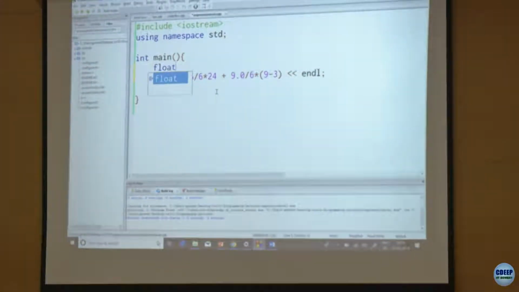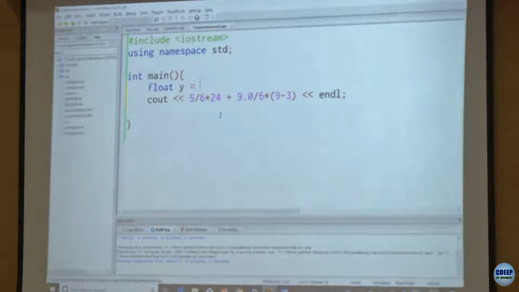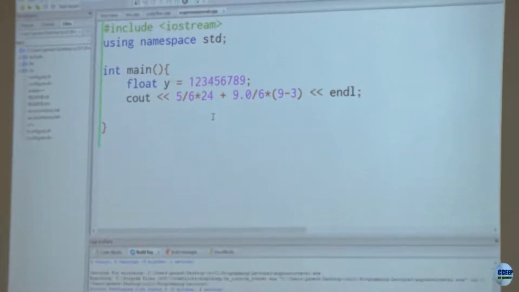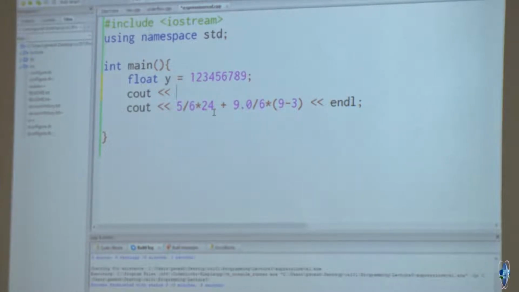Float y equals 1, 2, 3, 4, 5, 6, 7, 8, 9. Oh, but if I print, you will see the second value as well. So I'll comment it out.